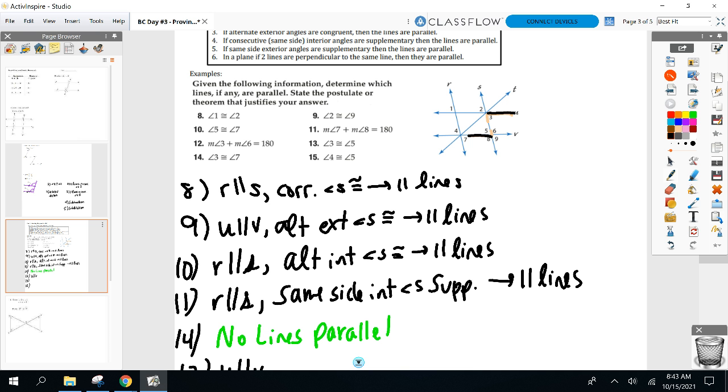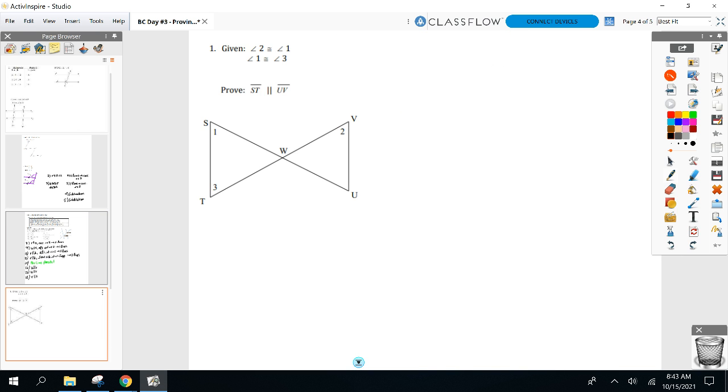Other questions here? Okay, now comes the big question. Can we do a proof, proving parallel lines? So I'll do a basic one with you, then we'll get a little bit more advanced.